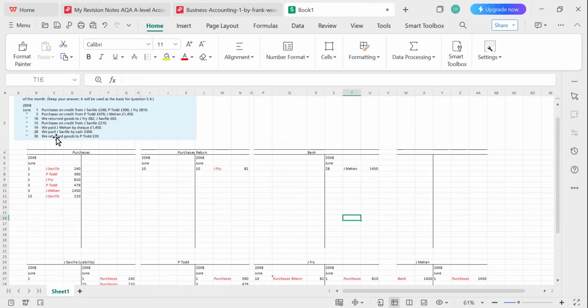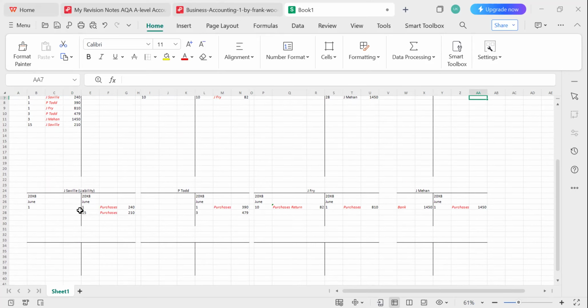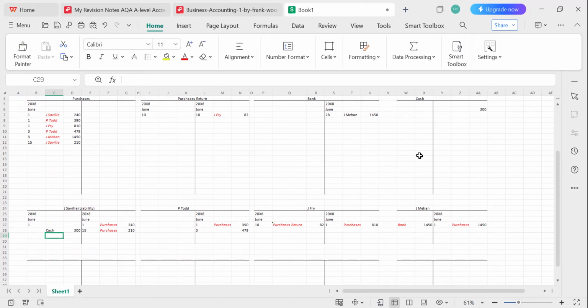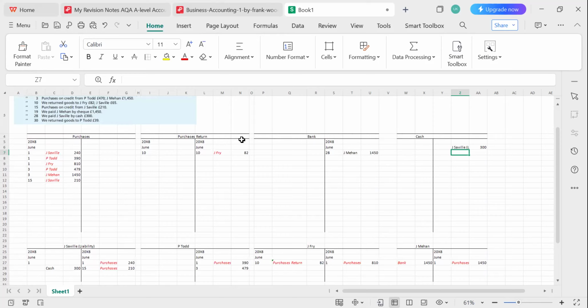Okay. We paid J7 by cash, make the cash account, cash credit 300, and debit J7, 300. We obviously will put the dates and the opposite account. Okay. Right. And we return goods to P Todd 39.